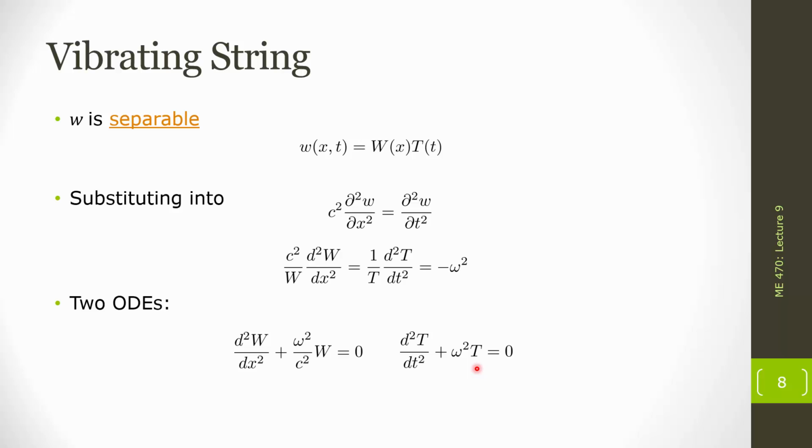So I've gone from a partial differential equation to two ordinary differential equations, one in space and one in time. So what this is going to let me do is somewhat independently solve each of those ODEs. I'm going to start with the spatial one, the one where I have my capital W, and start to work on that. So taking that, and I'll put T aside for right now.